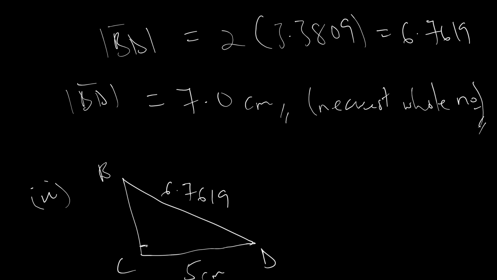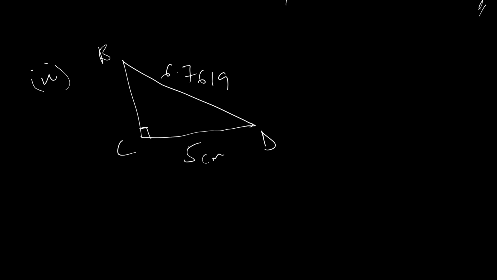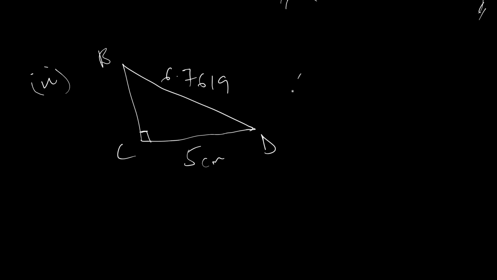So our BD will be 6.7619, and this is a right angle triangle. We know that the area of a triangle is equal to half base times height. Our base is 5, but we don't know our height. We can find our height using Pythagoras' theorem, since this is a right angle triangle. So let's represent this side by y.